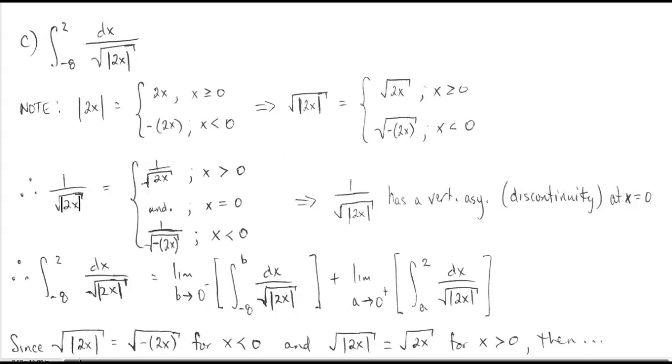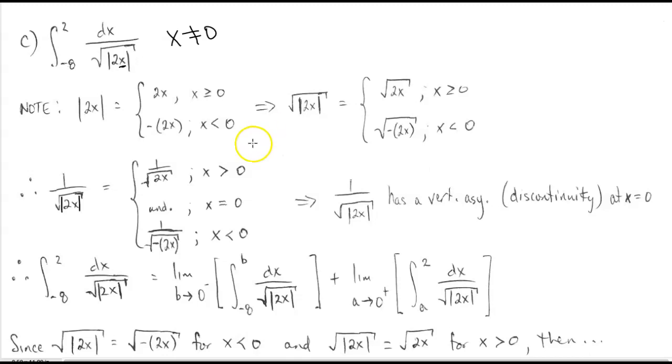Here, what I've done to start off is to build what the function would end up being. Note that the reason why this is an improper integral is because x equals 0 is not in the domain of this function. Because if I plug in 0 here, I would get something divided by 0, which we know is not legal.